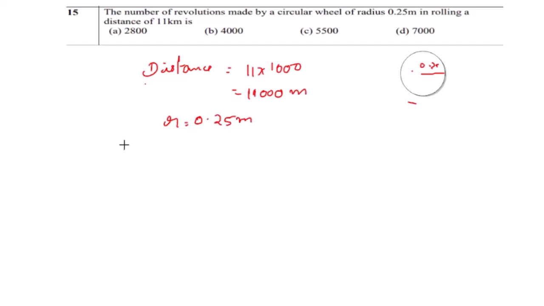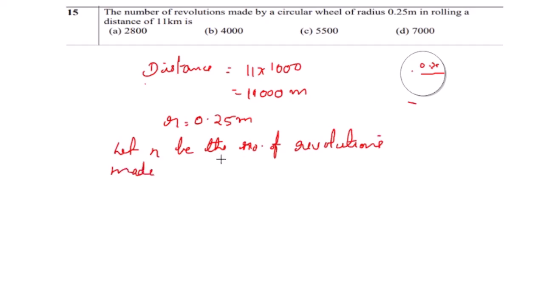So how to find out the number of revolutions? Let N be the number of revolutions made by a circular wheel.